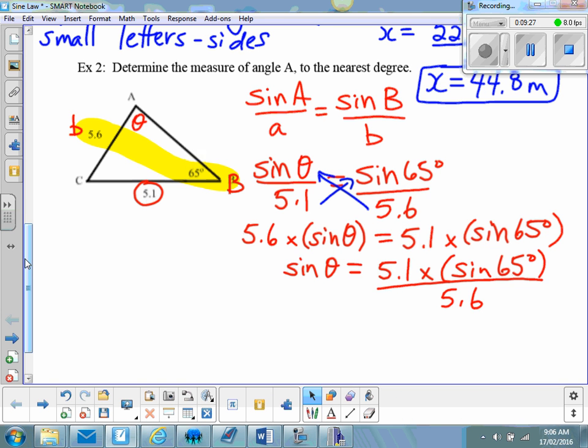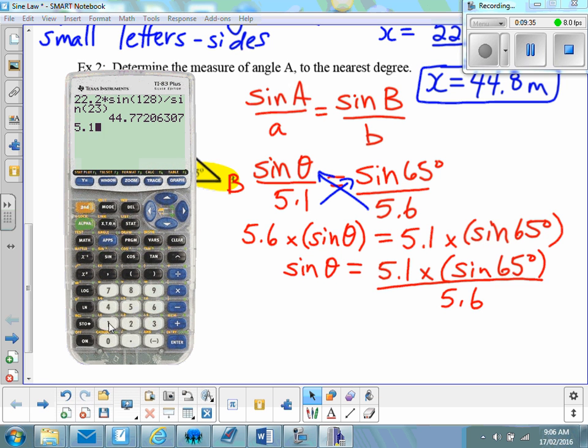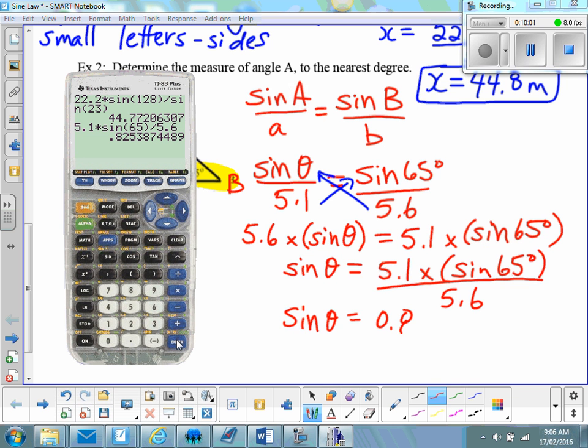So on my calculator, if I do that calculation, so I'm going to do 5.1 times sine 65 divided by 5.6, enter. And I'll round that to 4 decimal places. So here I've got sine theta equals 0.8254. But I want to know what theta is equal to.